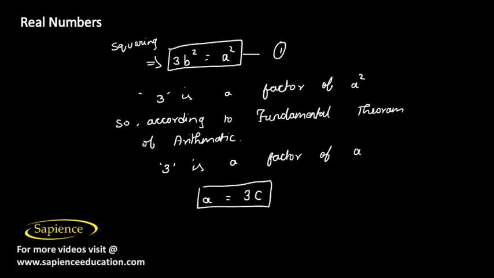This is equation 1. Now we got a is equal to 3c. By squaring on both sides, we get a square is equal to 3c whole square, which will be 9 c square. Now we are going to substitute this a square in 1.